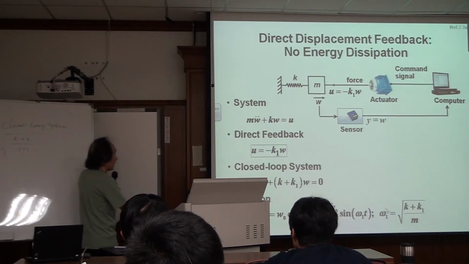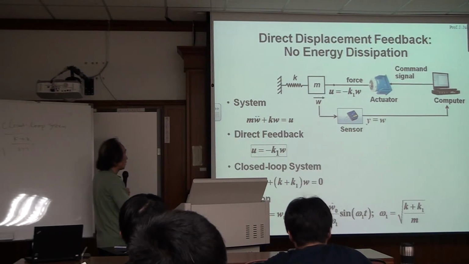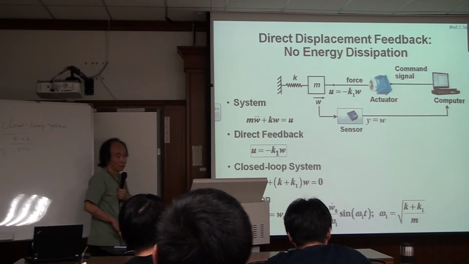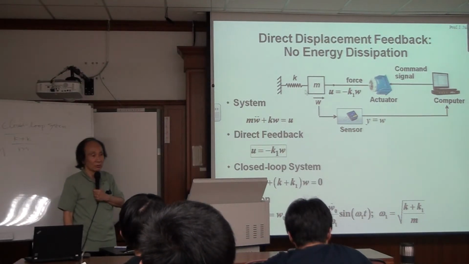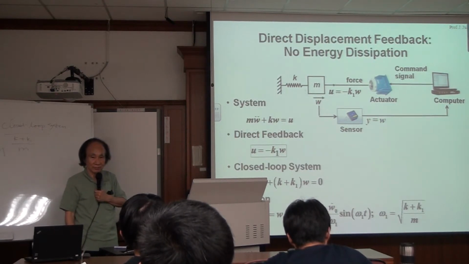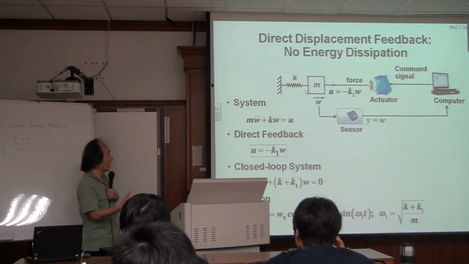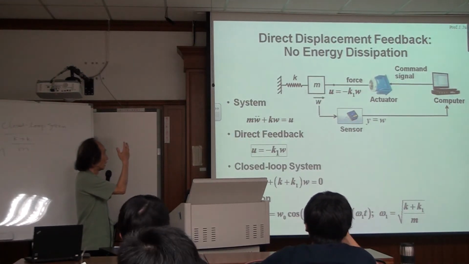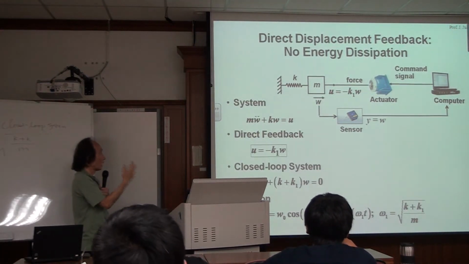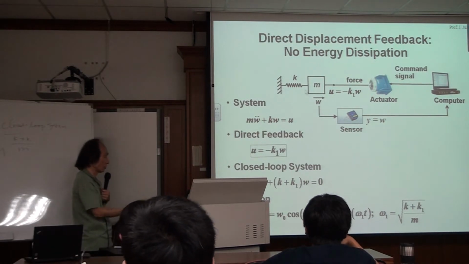So this feedback allows me to increase the original system frequencies. That's the only thing I can do. If I have direct displacement feedback, what I can do is change my frequencies.